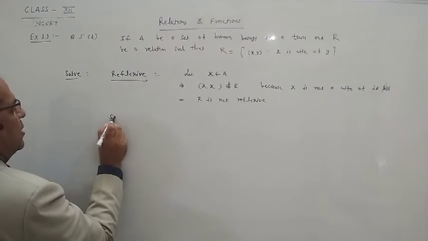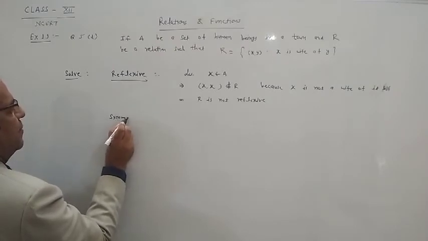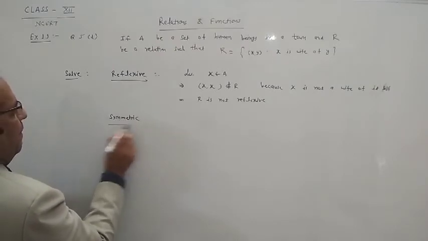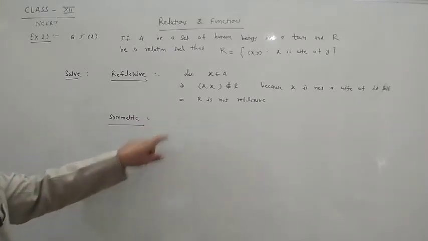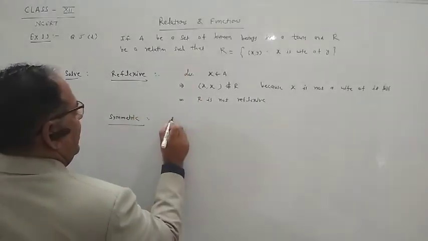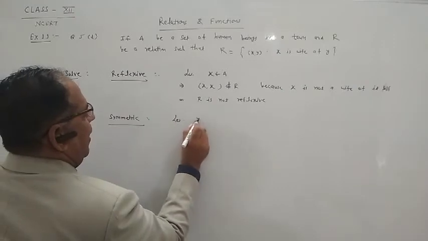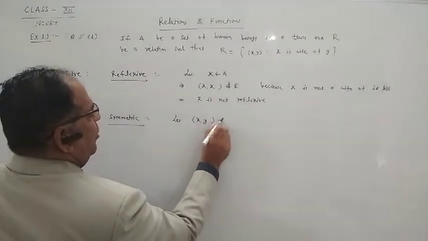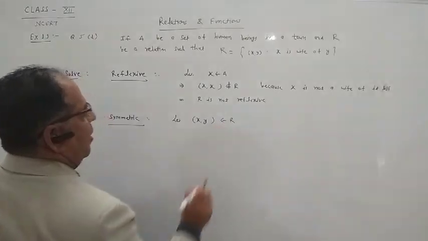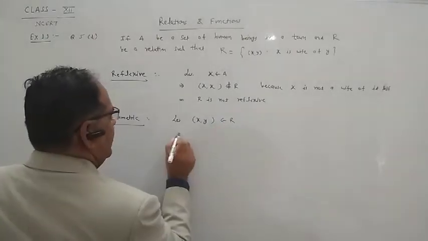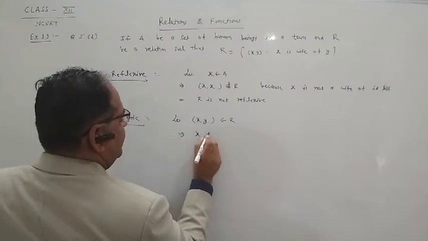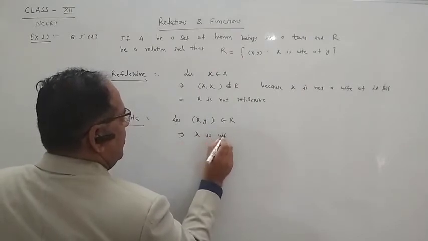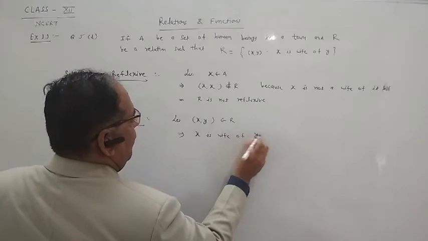Second part of this question is the symmetric relation. For checking the symmetric relation, we take one pair from the relation, let (x, y) belong to R. This implies that according to the definition of this relation, x is the wife of y.